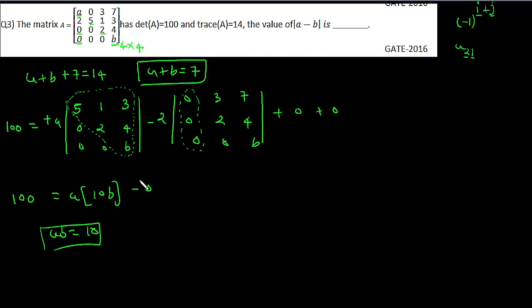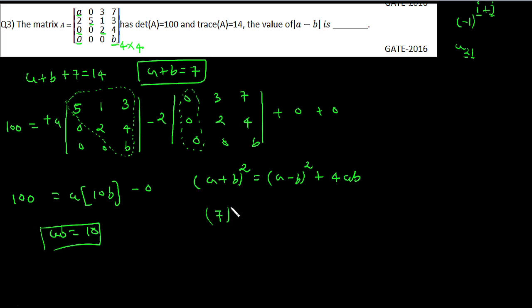So we simply use this identity: A plus B whole squared equals A minus B whole squared plus 4AB. If you expand the left hand side and the right hand side, you will get the same answer. We already know the value of A plus B, and we also know the value of AB, and we have to find the absolute value of A minus B. So let's put in all these values.